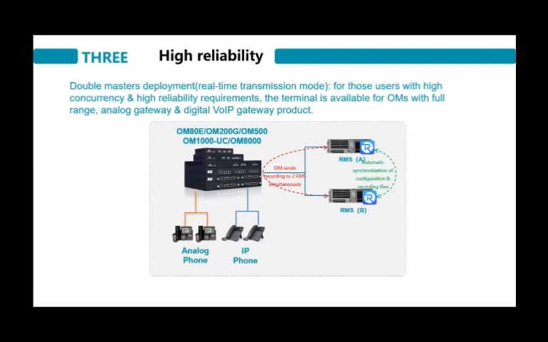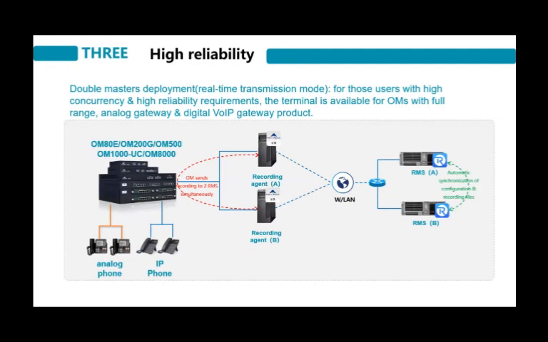It has a real-time transmission mode for those users with high concurrency and high reliability requirements. You can send two recordings to two RMS simultaneously, with automatic synchronization, so you don't have to worry about your recording files being lost.